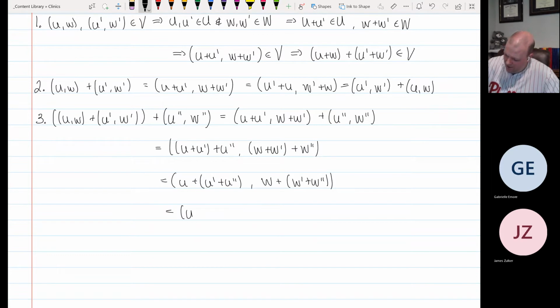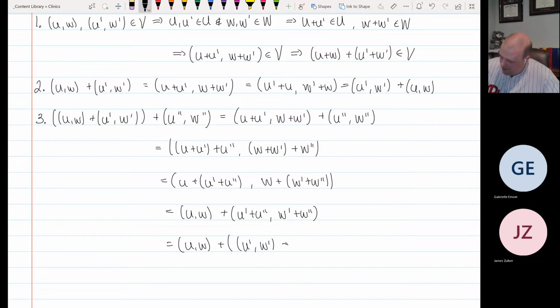So we get, this is (u, w) plus (u prime plus u double prime, w prime plus w double prime), which would be (u, w) plus then (u prime, w prime) plus (u double prime, w double prime). So there we go. We have associativity.